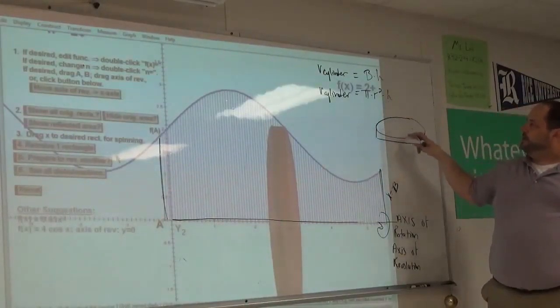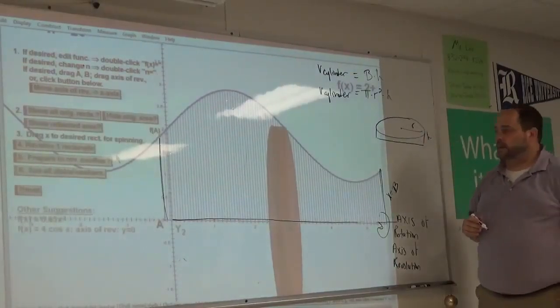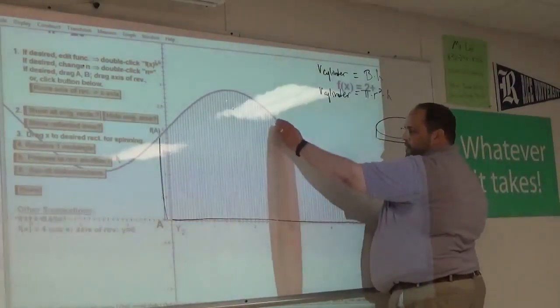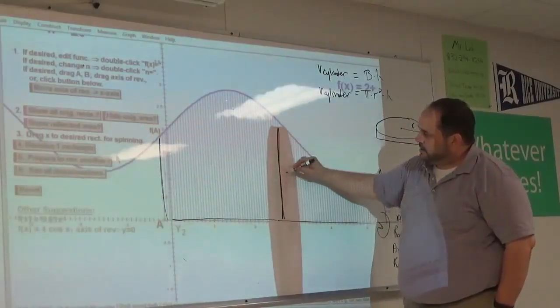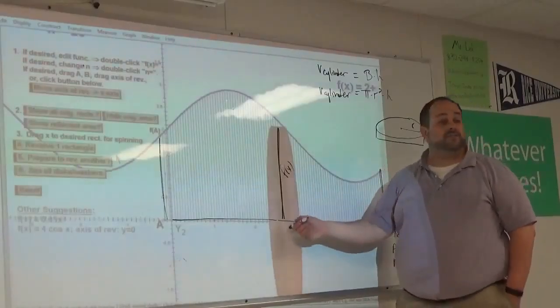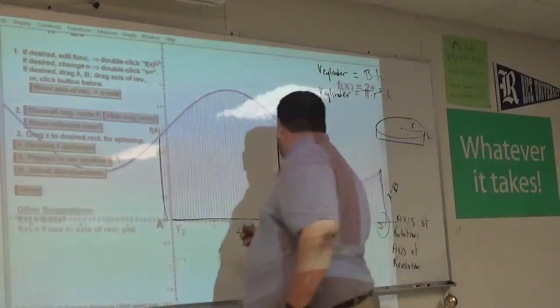I want the volume. That's going to be my radius, and I need the height. When I take my one little rectangle, the way that I find the radius, it's actually the value of the function. It's like f of x. How thick is it?